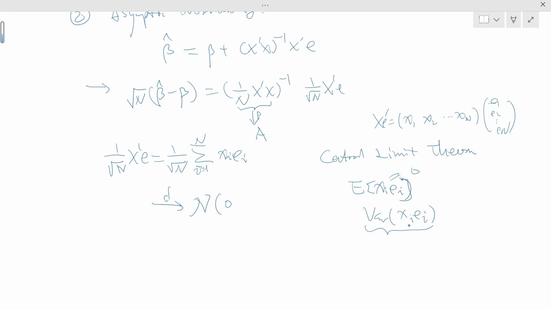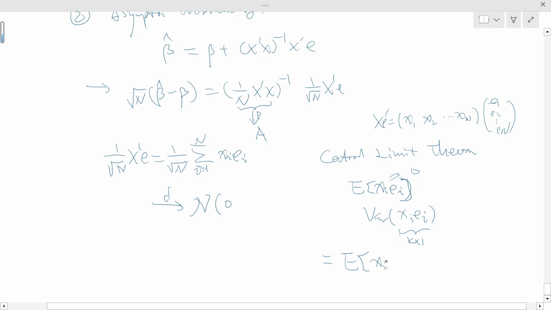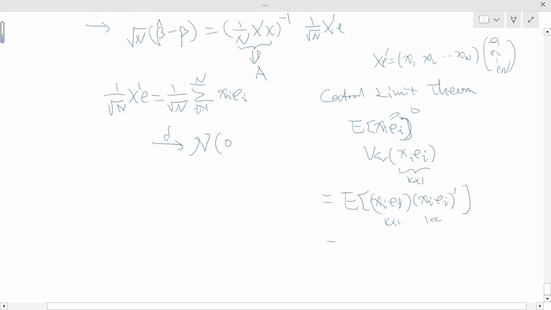Note that xi ei is a k by 1 vector. So the variance of this is E of xi ei times xi ei prime, which is k by 1 times 1 by k, so we get a k by k matrix. So this is E of xi ei ei prime xi prime.